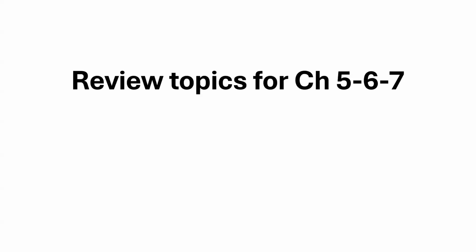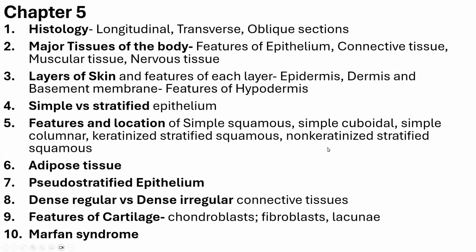In this presentation, I'm going to talk about the review topics for Chapter 5, Chapter 6, and Chapter 7. In Chapter 5, Histology, what are the different types of sections?